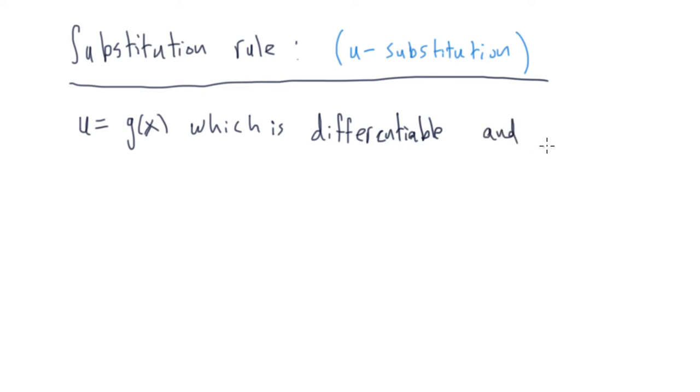And f of x is another function that is continuous. Now, where does it need to be continuous? It needs to be continuous on the range of g.